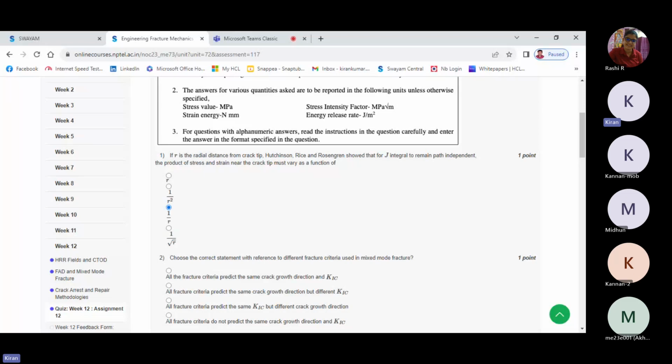If you refer to the first lecture of this week, it's written there. J characterizes the condition in a nonlinear elastic material. Hutchinson and Rice showed that in order to remain path independent, the strain must vary as 1 by R near the crack tip.